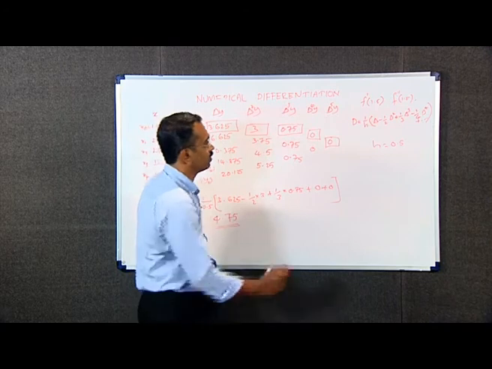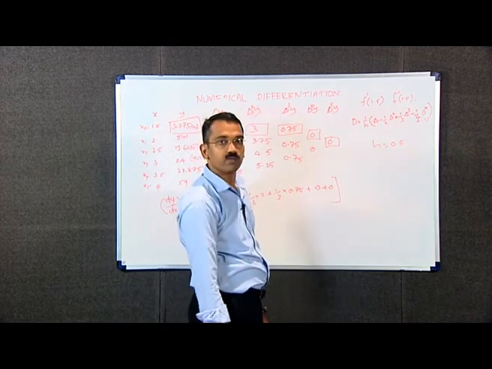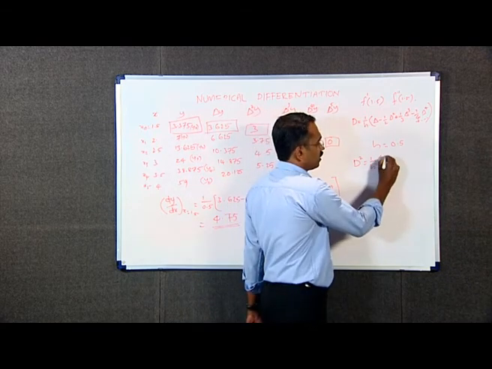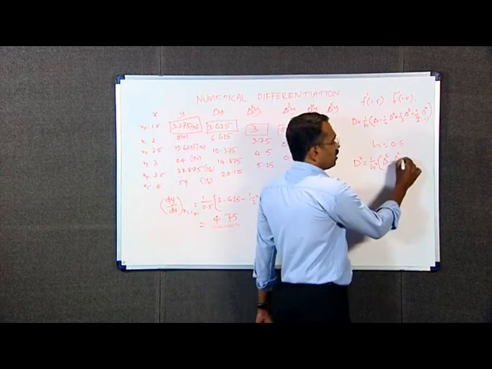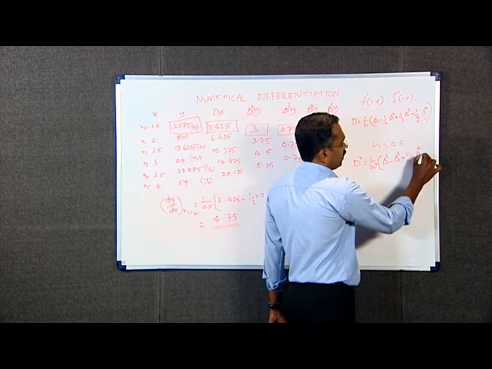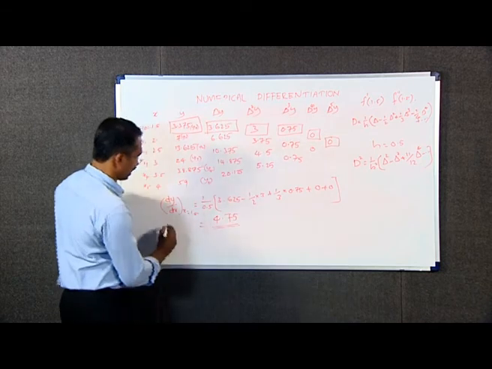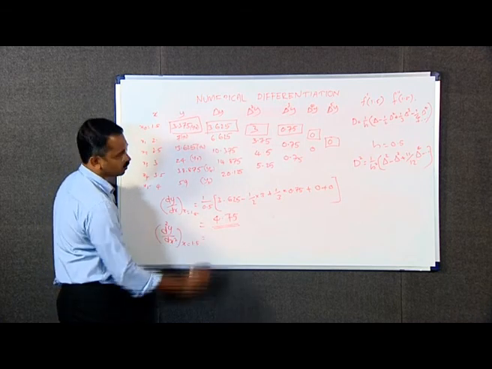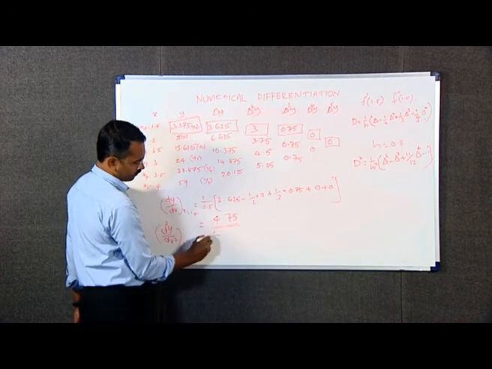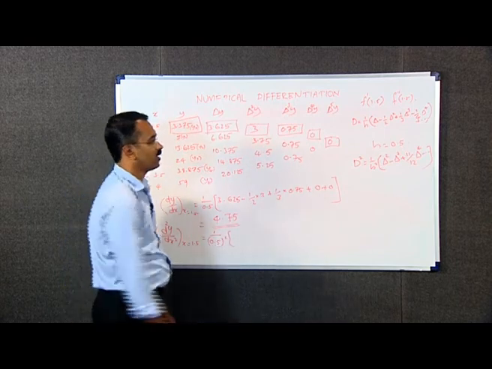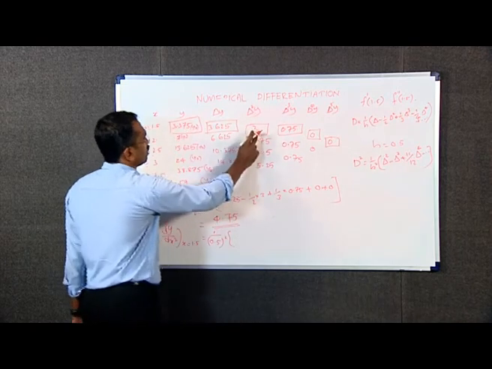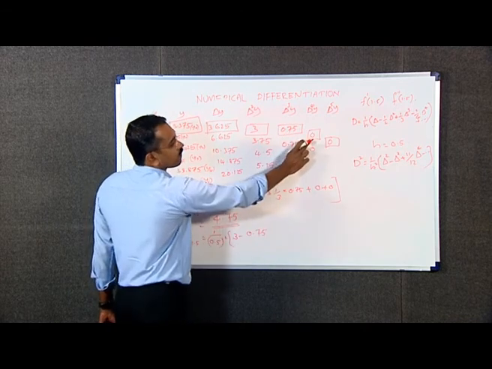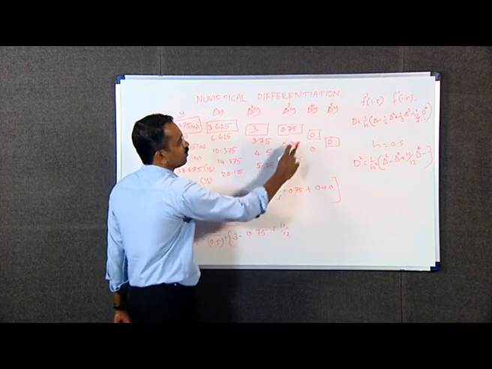Now, the second derivative at x equal to x naught, we use the expression D square is equal to 1 by h square into delta square minus delta cube plus 11 by 12 delta raised to 4 minus etc. Therefore, the second derivative d square y by dx square at x equal to 1.5 is equal to 1 by 0.5 square into delta square y naught, that is 3, minus delta cube y naught, which is 0.75, plus 11 by 12 delta raised to 4 y naught, which is 0.